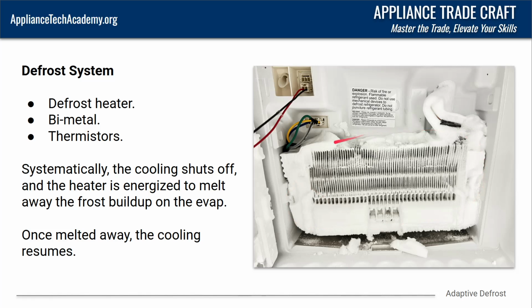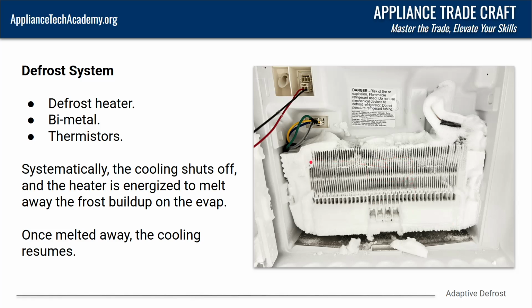As you can see here, we've got a pretty clear failure of a defrost system issue, and one indicator of that is, as you know, defrost elements typically are going to come down around here at the bottom. Every once in a while, you're going to see them in the middle, depending on the style, but more often than not, they're at the bottom, and that's because heat rises. So we want the heat to rise up across the evaporator and melt all this away.